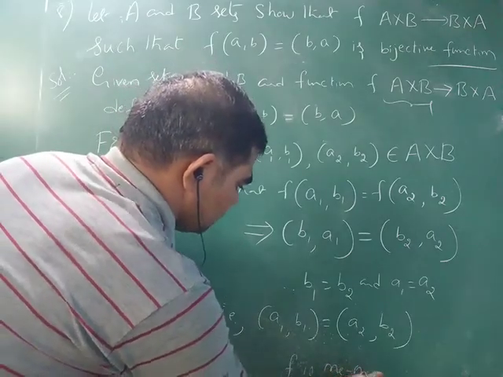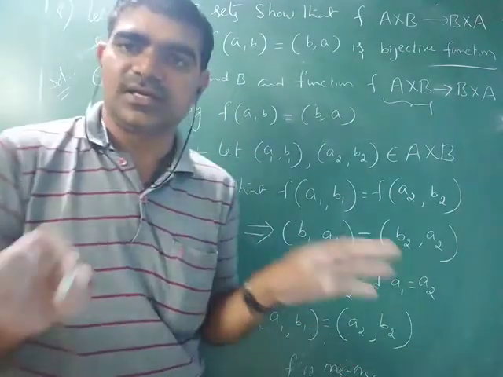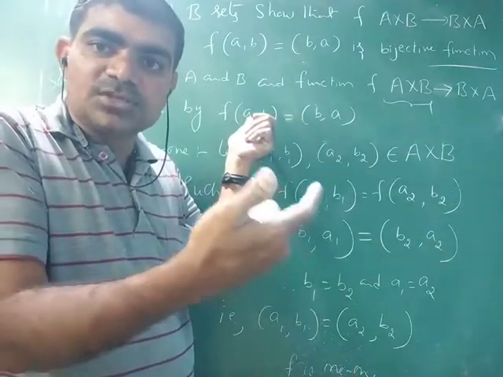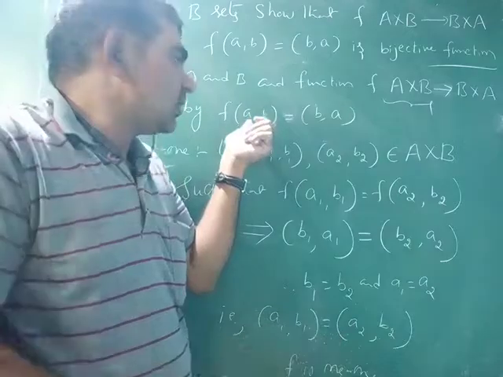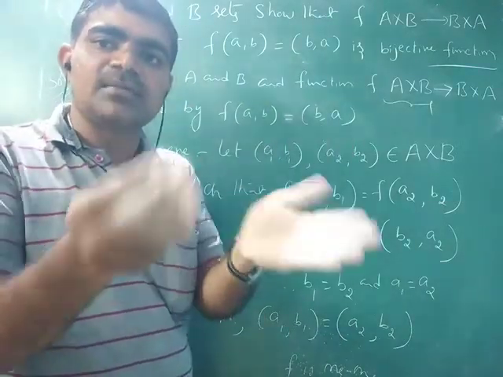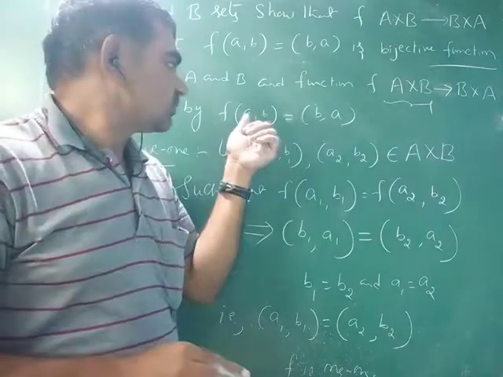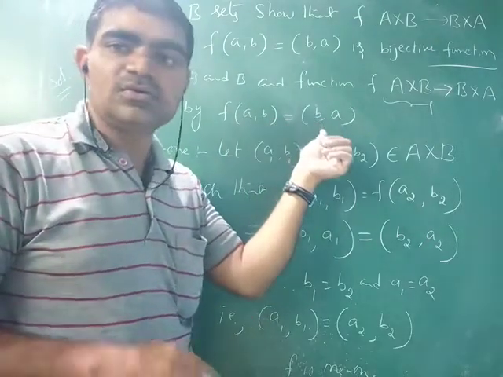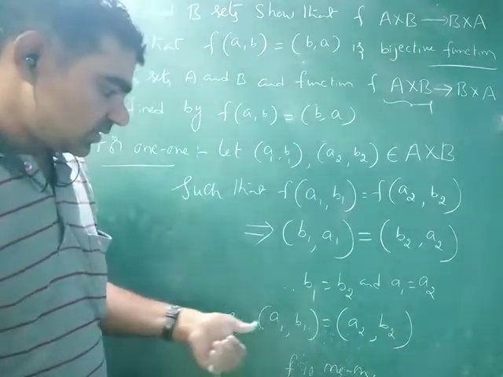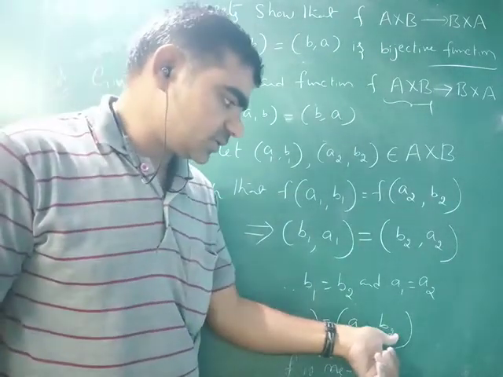Don't confuse. You may feel a little bit confused. Don't confuse like that. Because how they define the function, you please observe that point. How they define function f of a comma b, you should take as b comma a. First element comma second element, how they take second element comma first element. a1 comma b1 is equal to a2 comma b2.